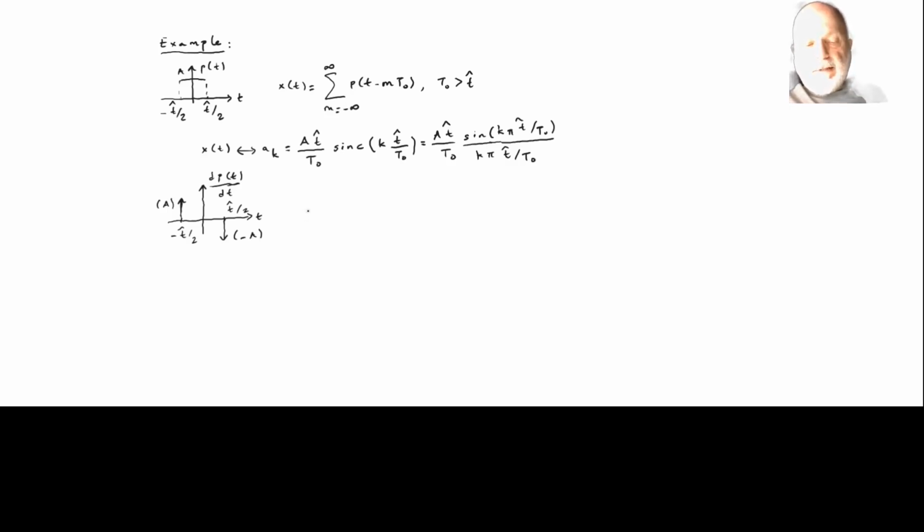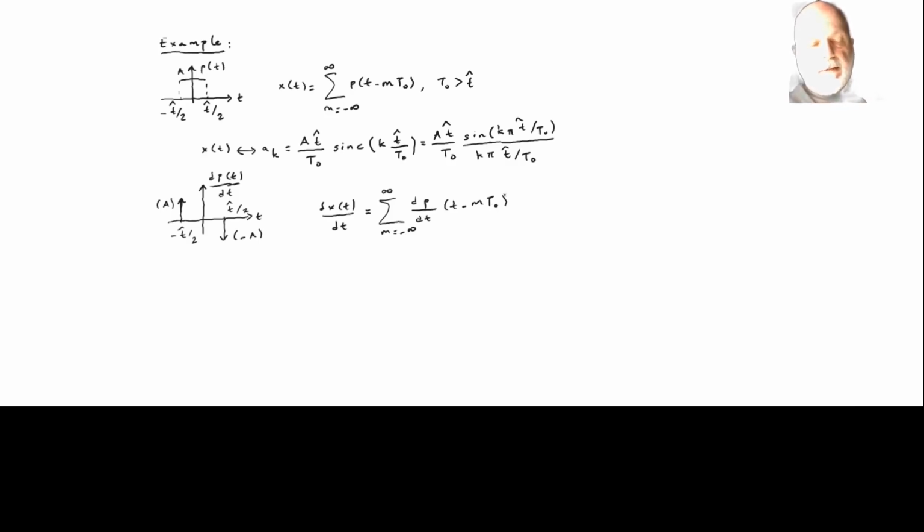Okay? Now, we can obtain the derivative of x of t as the periodic signal which is the periodic extension of this signal dP by dt. So it is dP by dt evaluated at t minus m T0.